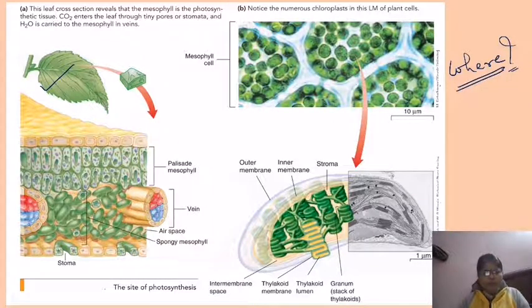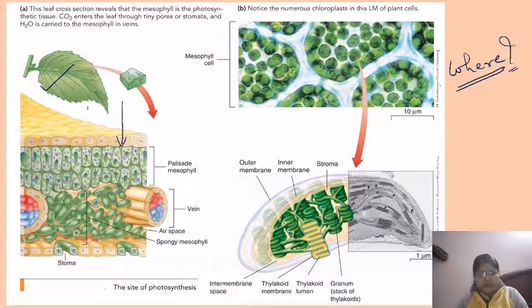Now if you look at the leaf, what do you see? This is the section of the leaf, and you can very well see that this is the uppermost epidermal layer, and it's a single layer, and just below it are the palisade or mesophyll cells, as we call them. They are filled with chloroplasts.